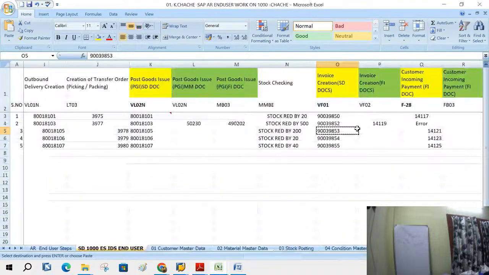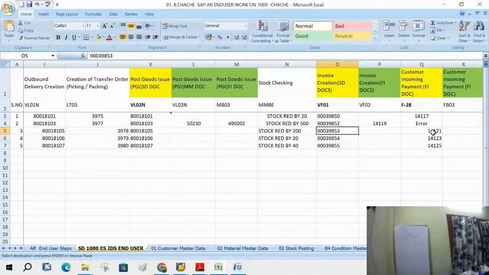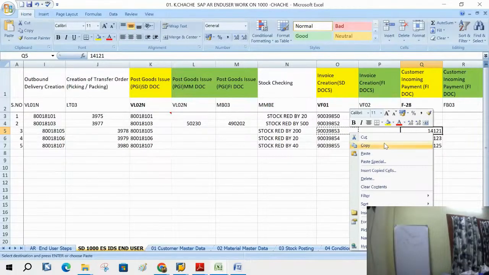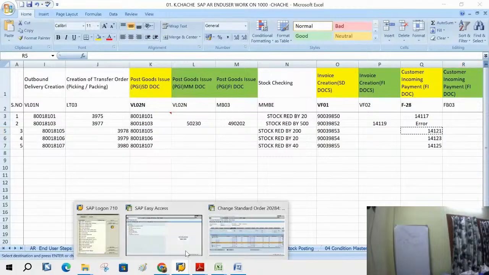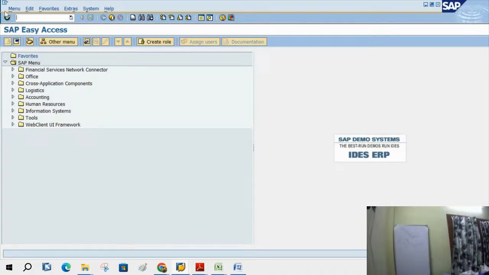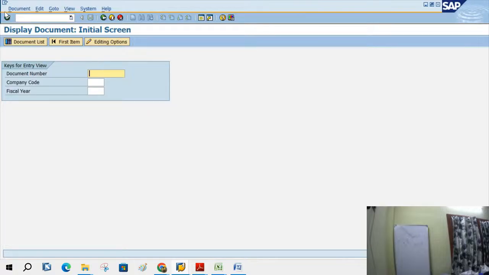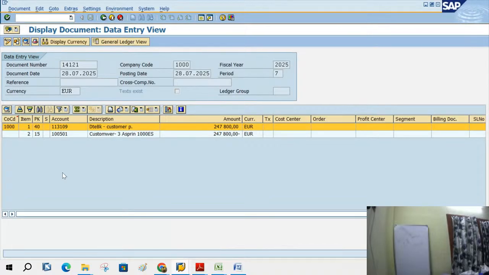When I am going to do this, I am going to get the number. Yes or no? The bank GL account number. So, which is the bank GL account number you have entered in F-28? You entered 113109. Yes or no?